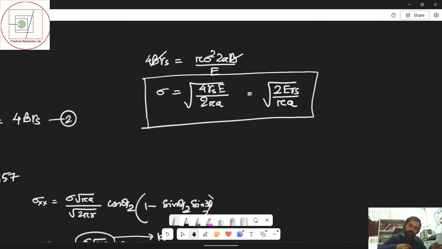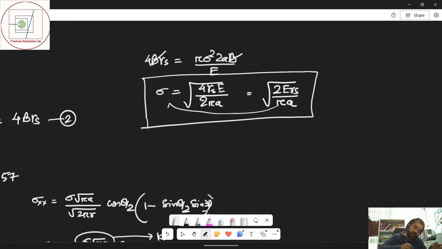And you look at Griffith's formulation, and you see that you have sigma root pi a here, which is a material property already. If I just do cross multiplication, sigma root pi a is equal to root of 2E gamma s. E is a constant, gamma s is a constant, so this becomes a material property for very brittle, only linear elastic materials.